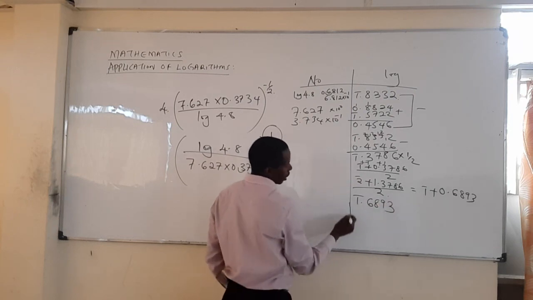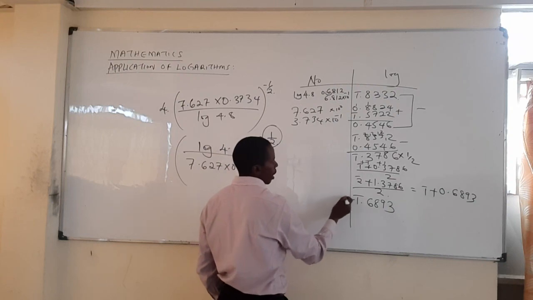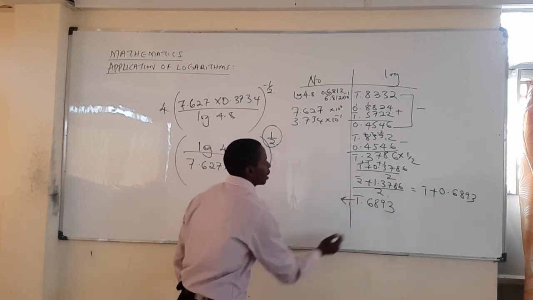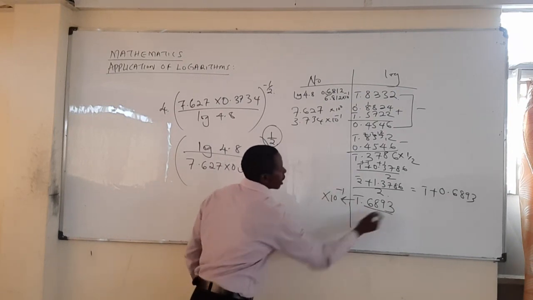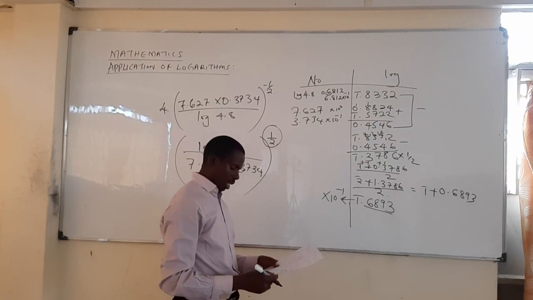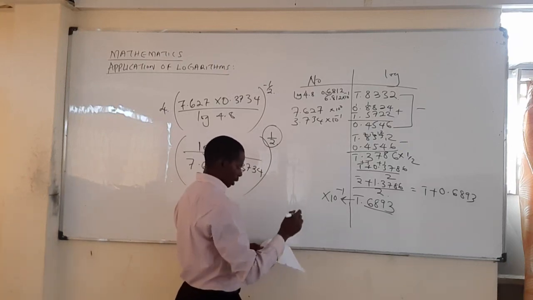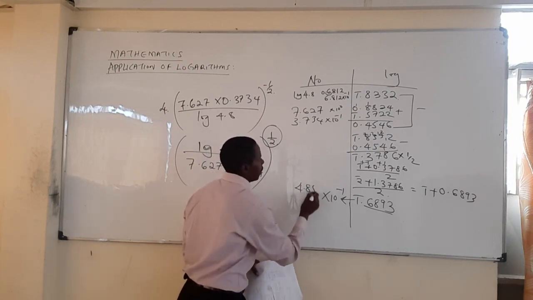Then we add the bar 2, we get bar 1.6893. And when you're through with that work, we can go back to the antilog and find the number. This is going to be 10 power negative 1. Then we find the antilog of 0.689, which I have as 4.887.